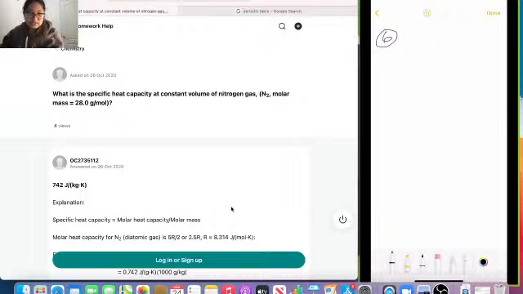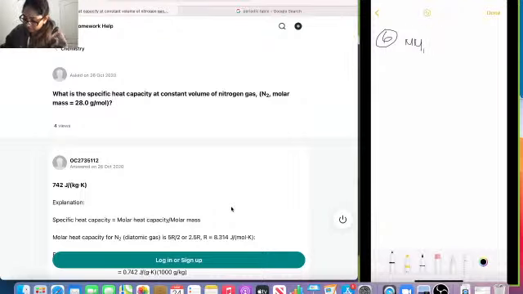So, okay, what is the specific heat capacity at constant volume of nitrogen gas? The molar mass is given, and so we have to find basically the heat capacity. I'll just write what we're given.